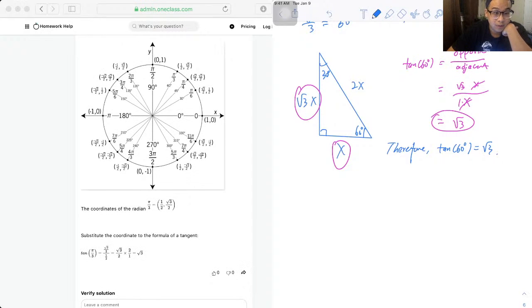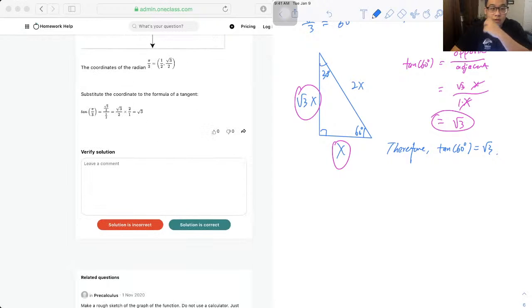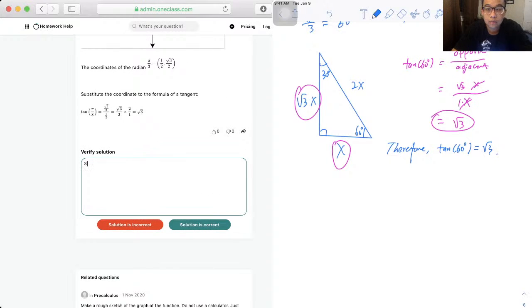And we just need to substitute the coordinate into the formula of tangent, which is tangent pi over 3, and it's just root 3 over 2 over 1 over 2, and doing the calculation will still give us root 3 for our answer, which means either way works. And just recall that the tangent function is y over x. So let's leave a comment there. Solution is correct.